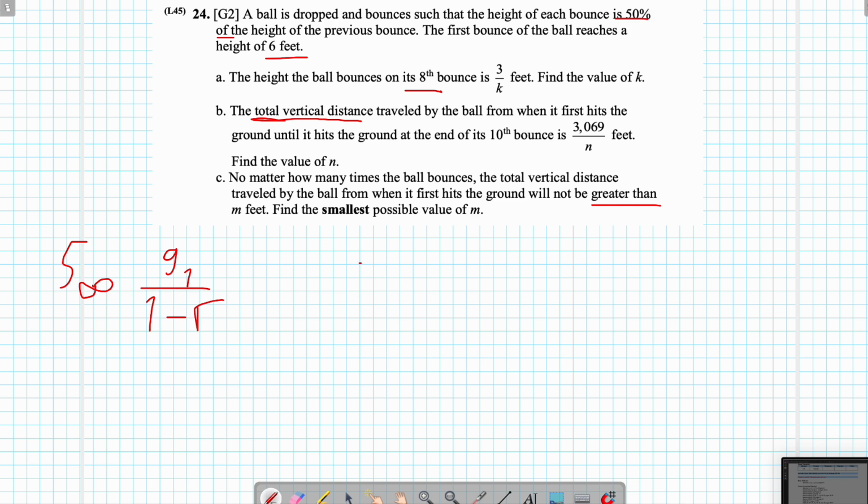So 6 over 1 minus 0.5 is equal to 12. But once again, we do like what we did with part B. Since whatever you throw down always comes back up, we're gonna have to multiply 12 by 2, and that is going to give us 24. And that's the right answer.